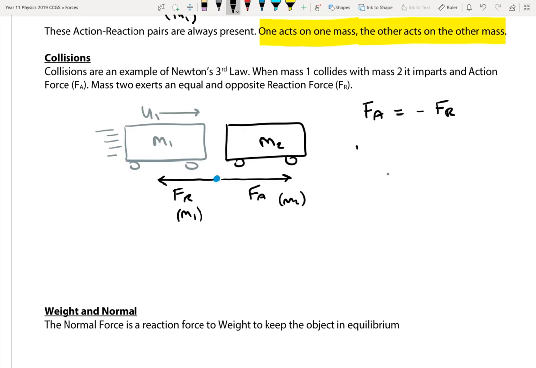M2 A2 equals negative M1 A1. I've just thrown in Newton's second law. We know that F equals MA. And if this is the unbalanced force, then we would get an acceleration. So what's going to happen is M2 is going to accelerate that way, maybe a positive direction. M1 is slowing down.